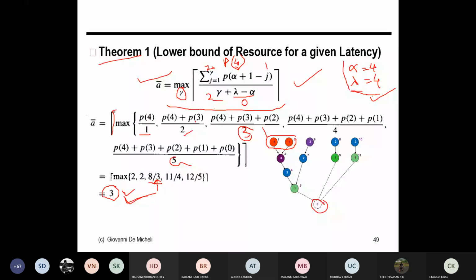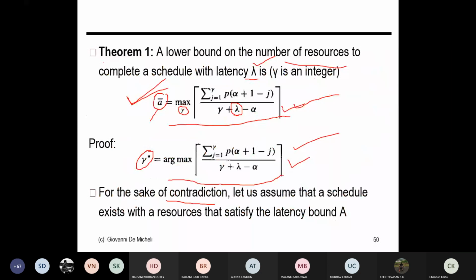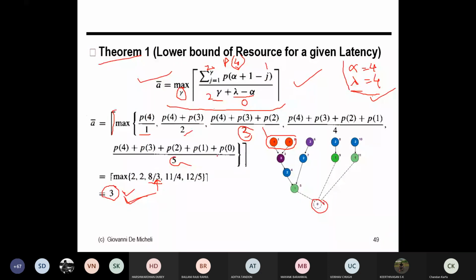Among these, whichever takes the maximum resources, you need at least that number of resources, and so on, right? So this expression signifies that you take this average. That's why I put this example here, just to understand the meaning of this particular expression. This expression is solved in this example, so this example's expression and the previous slide's expression are the same, right? I'm just proving theorem one. Understood?